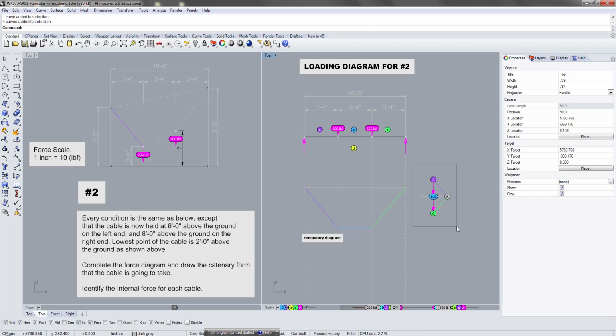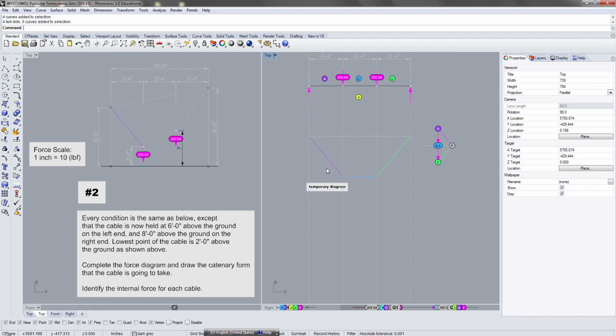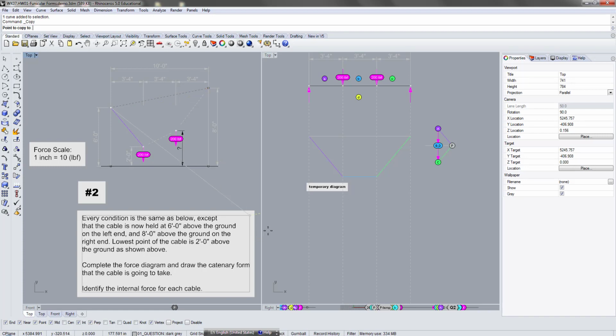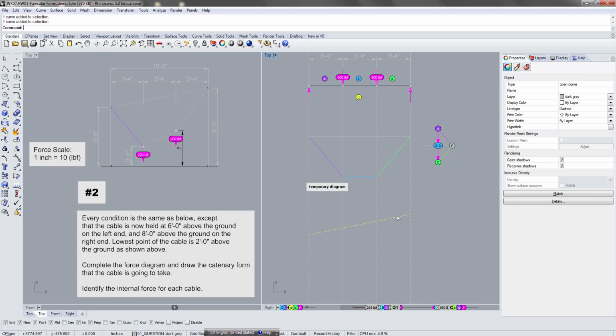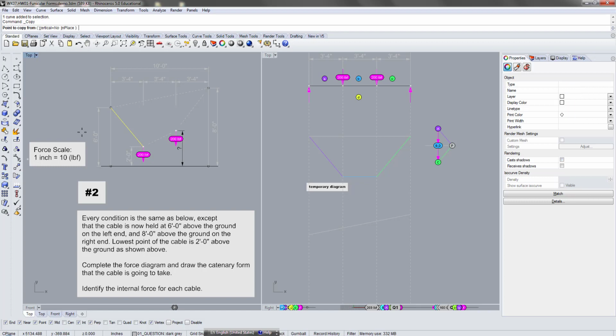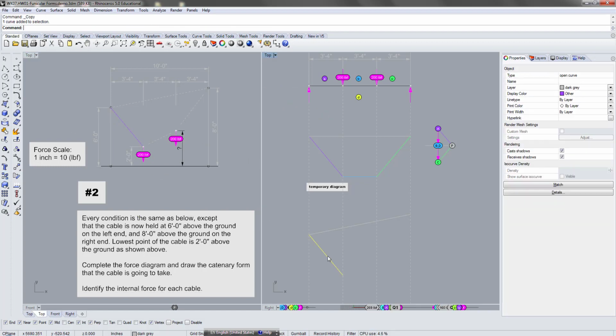That's the force diagram and that's the force polygon, and there are two things we need to adjust. The closing line, because we lifted the one end 2 feet up, used to be a horizontal line, but now it's an upward diagonal line. Another thing we know is that the first segment of this funicular curve is fixed, so that's something we can use.